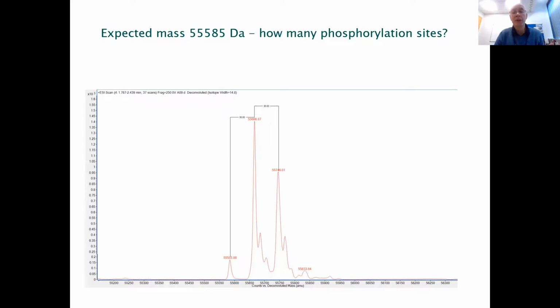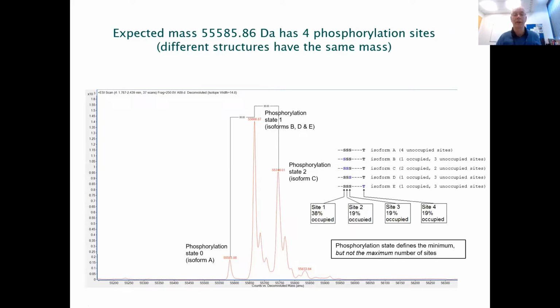Well, you might be tempted to think there must be 2, but actually you may well be wrong about that. If we map the potential sites onto this data, so this is no phosphorylations, this is isoform 1, this peak could be any of 3 different isoforms. So it could be this one, it could be this one, or it could be this one.